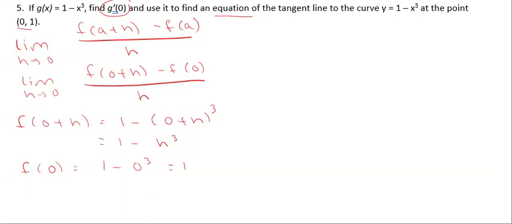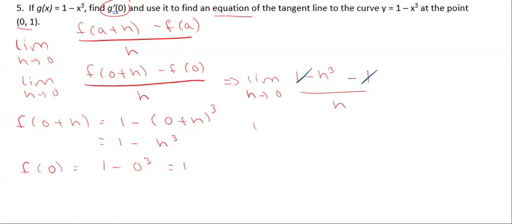So let's go ahead and substitute in what we have. This is going to look like the limit as h approaches 0. F of 0 plus h was 1 minus h cubed, minus f of 0, which is just 1, all over h. Just like before, anything that does not have an h has to cancel. So those ones cancel.